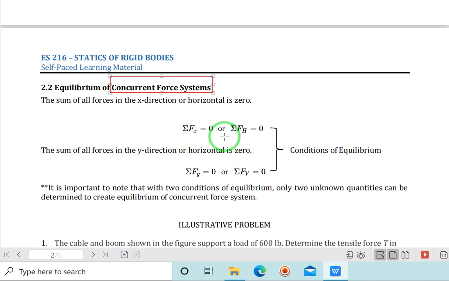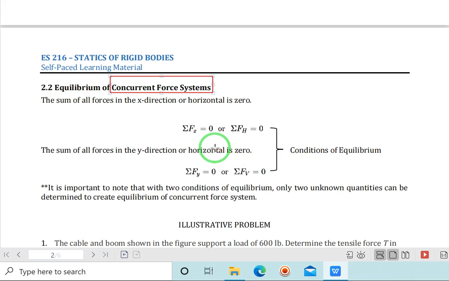So Fx, or horizontal Fh, is 0, and Fy is equal to 0. These are the conditions of equilibrium that you will be able to apply when dealing with equilibrium of concurrent force systems.